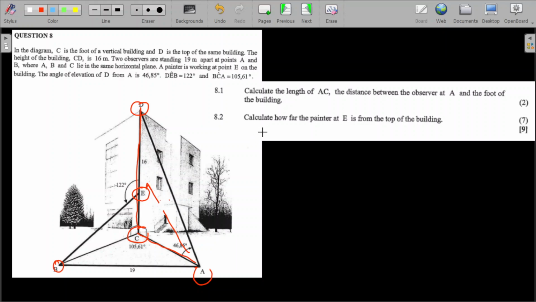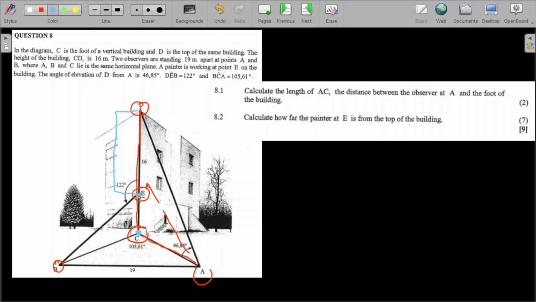Then 8.2 asks how far the painter at E is from the top of the building, meaning from here. That's what we are looking for in this specific question, from the point E to the top of the building, meaning we're looking for ED. Obviously I know CD. I need to get EC.